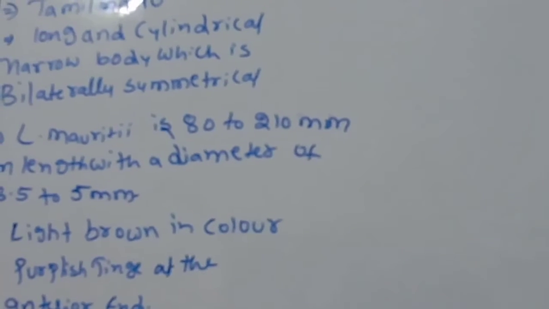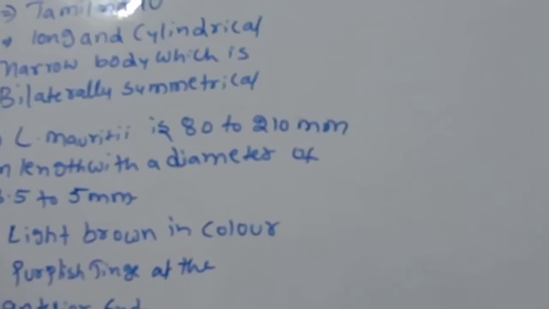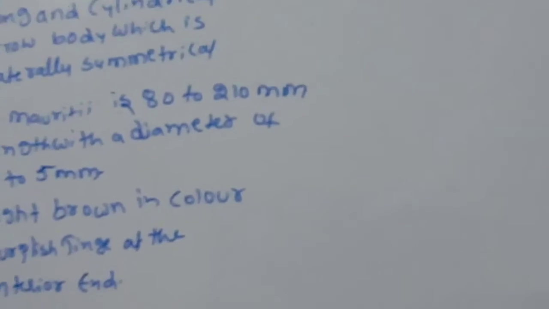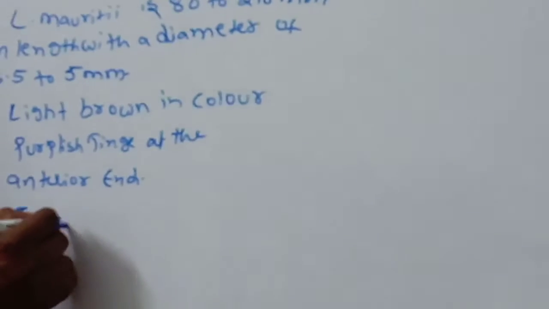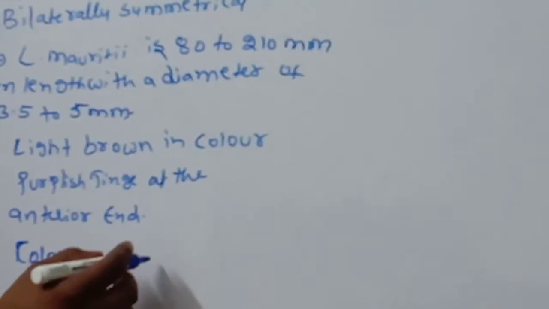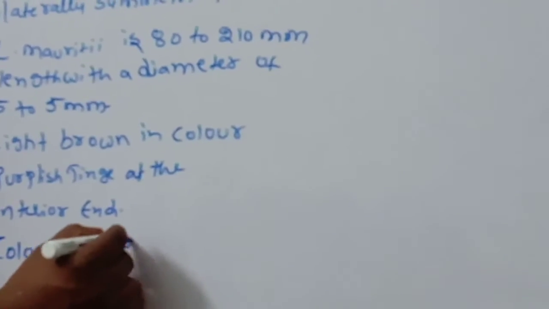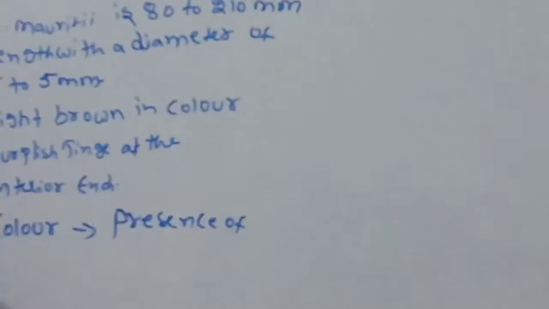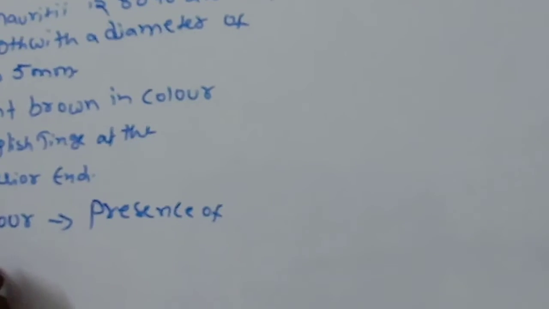This color of the earthworm is mainly due to the presence of pigment. Why this color? The color is due to the presence of what we call porphyrin pigment.